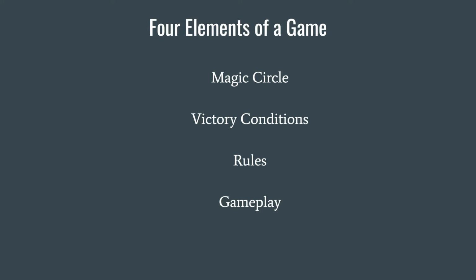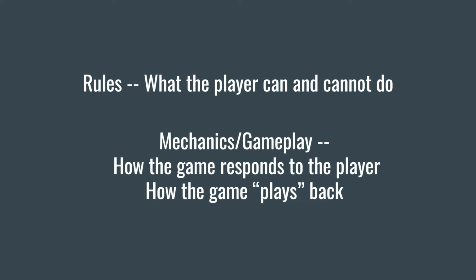It's how the turns are taken. What happens if something happens. In fact, we're going to use the word if a lot later in this lecture. And so a good way to think about it is rules are what the player can and cannot do, but the mechanics is how the game responds to the player. Rules are how the player plays the game. Mechanics are how the game plays back to the player. How the game takes a turn.